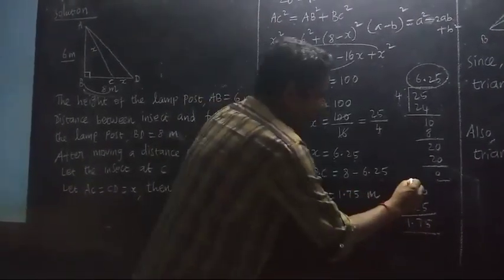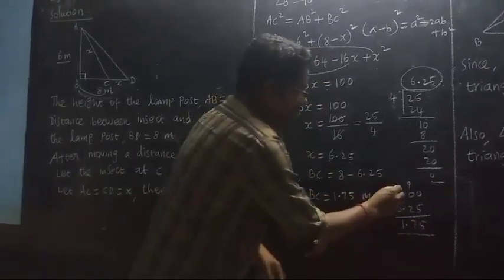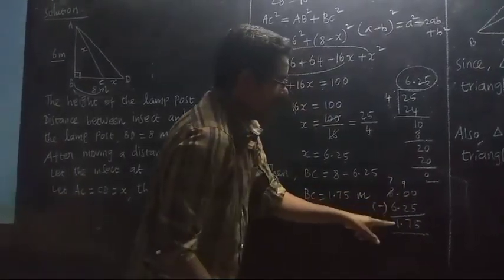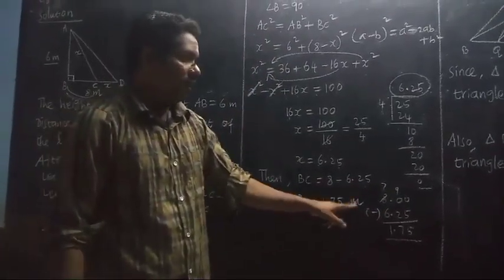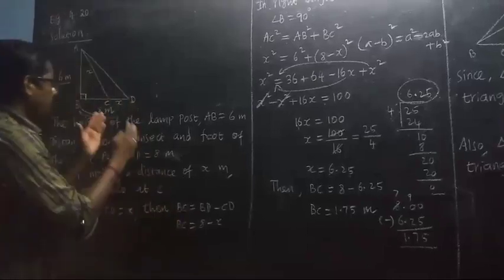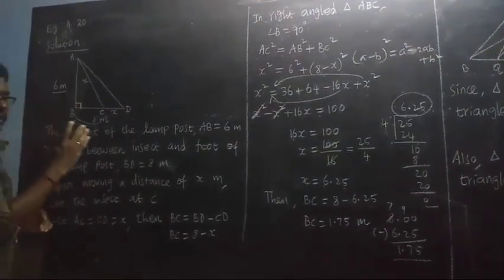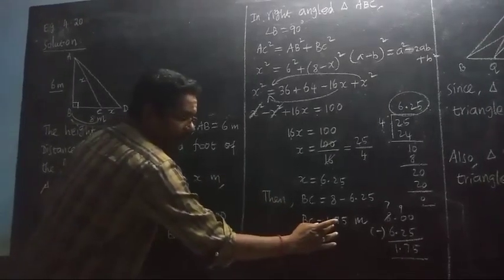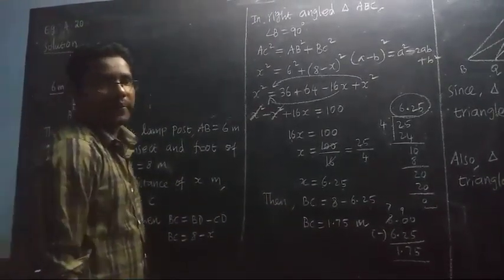Subtract the values, therefore we get 1.75. Therefore BC equal to 1.75 meters. Can you understand? Therefore this is the distance the insect moved from the foot of the lamp post. BC equal to 1.75 meters.